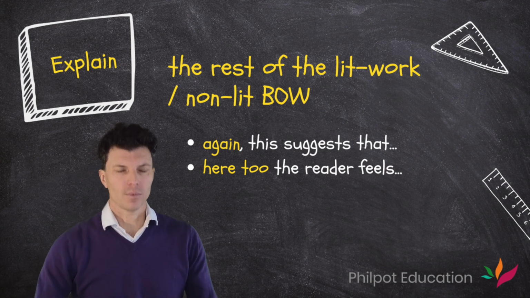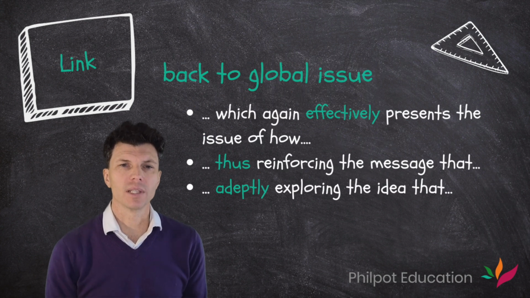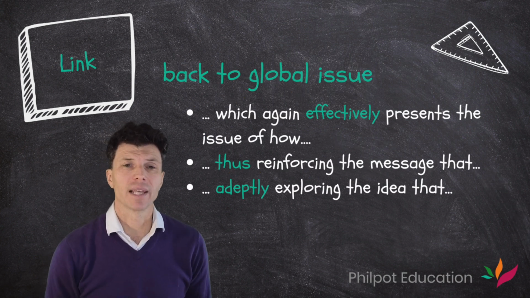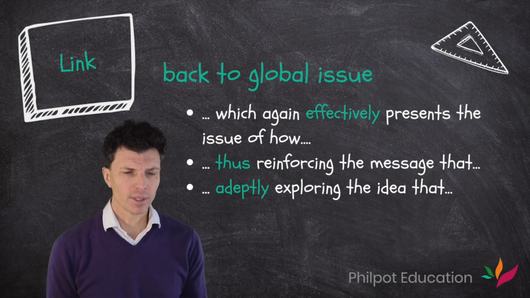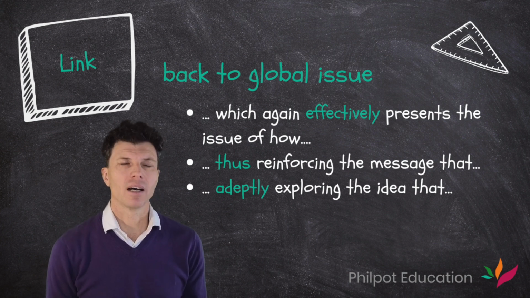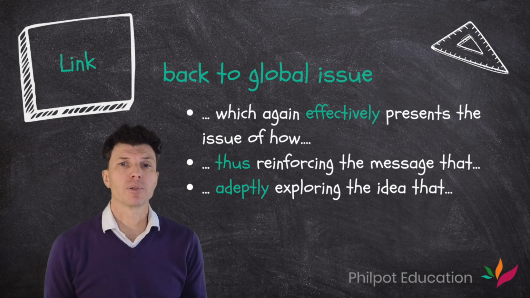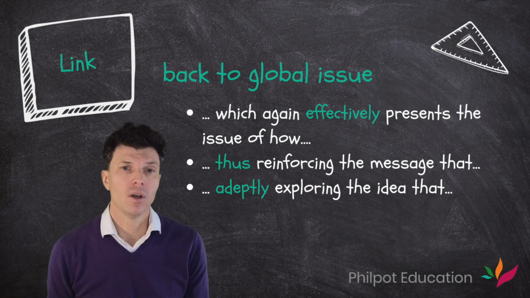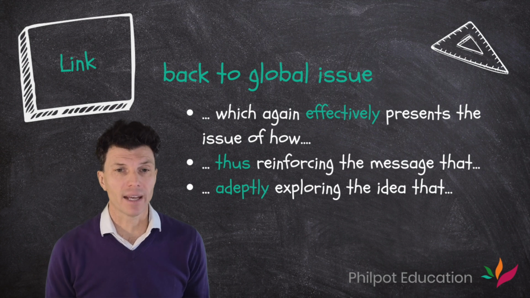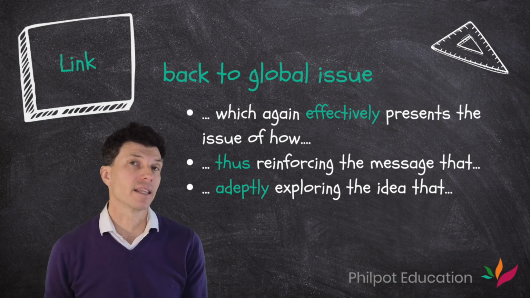And when we tie all this back together to the global issue, it's good to use these adverbs like effectively or adeptly. They are really good at commenting on evaluating, right? Criterion B is analysis and evaluation. So, which again effectively presents the issue of how, or thus reinforcing the message that, adeptly exploring the idea that.